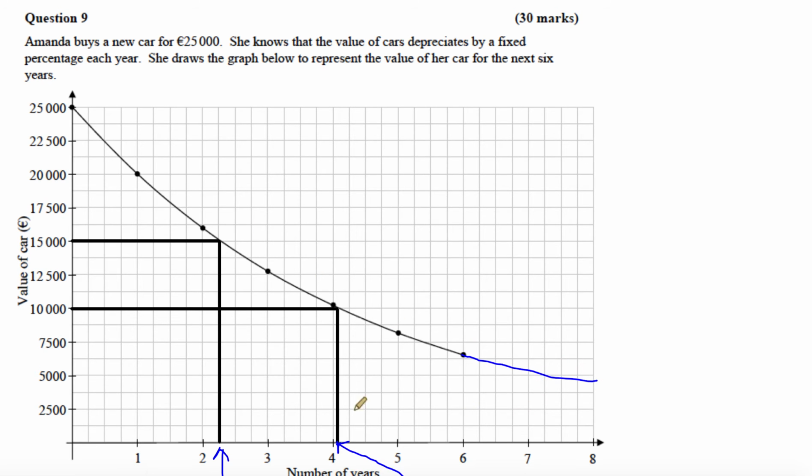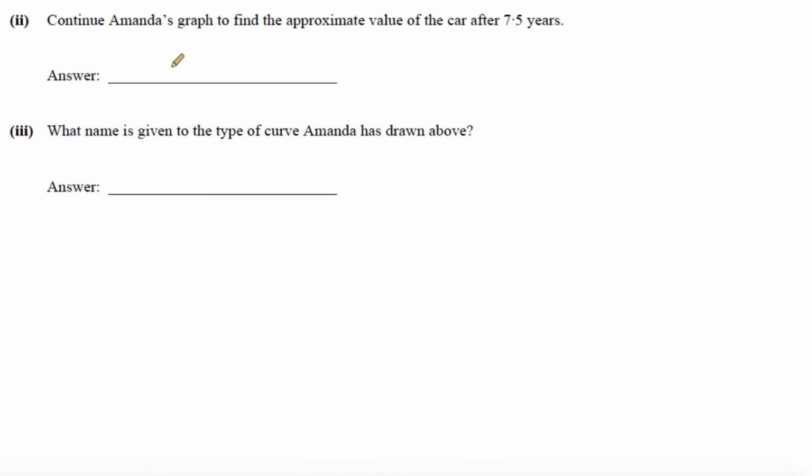So 7.5 years, if we go up from 7.5 years, which is halfway between 7 and 8, hit the curve, and then from there we go across, we can see that it's worth roughly €5,000. So €5,000 will be the value after 7.5 years.